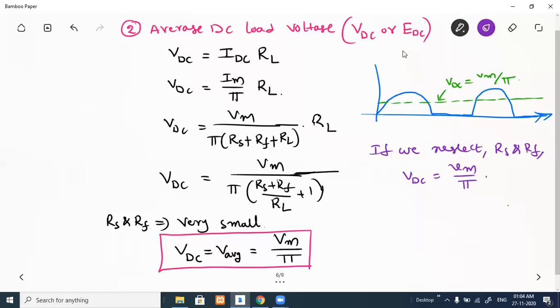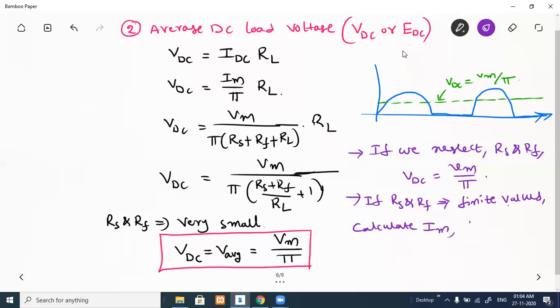Suppose RS and RF are not very small, negligible, but finite, and those values are given. Then you cannot calculate VDC by using the equation Vm by pi. For such cases, first calculate Im.